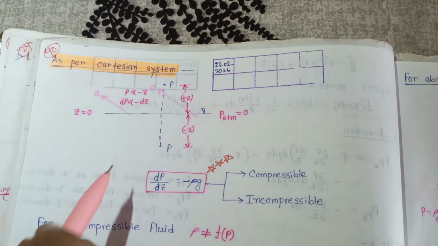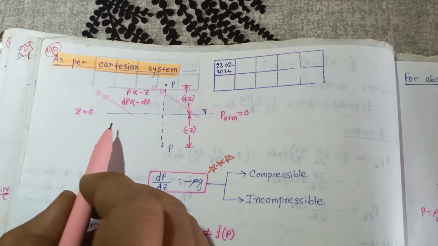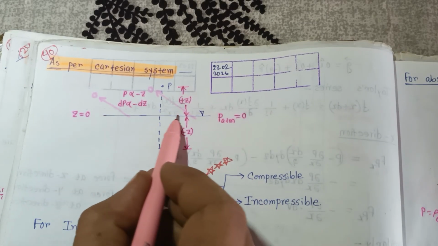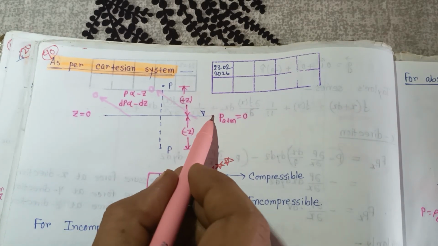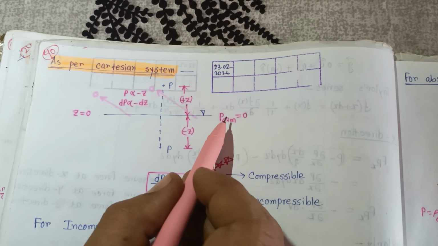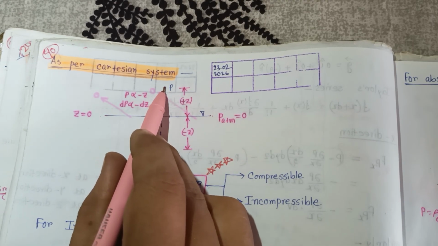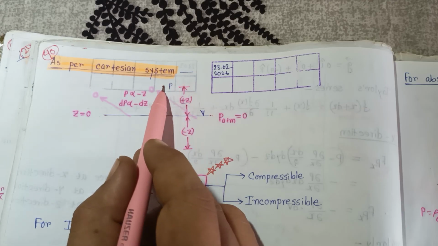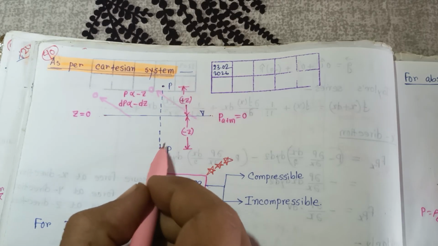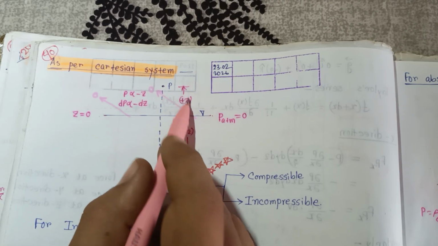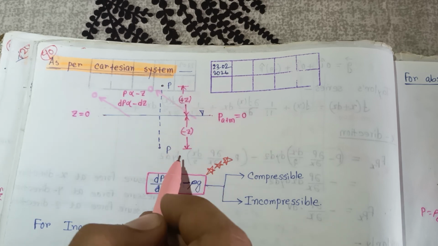Now, as per the Cartesian system, this is the z equal to 0 line, at atmospheric pressure equal to 0. Here is one point where you have to calculate the pressure, and here is another point. This is the positive z direction, and this is the negative z direction.